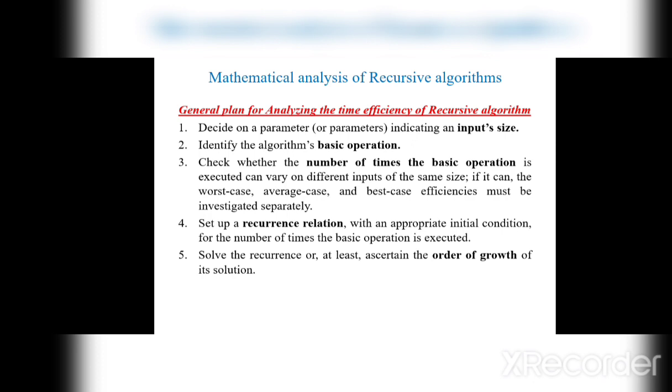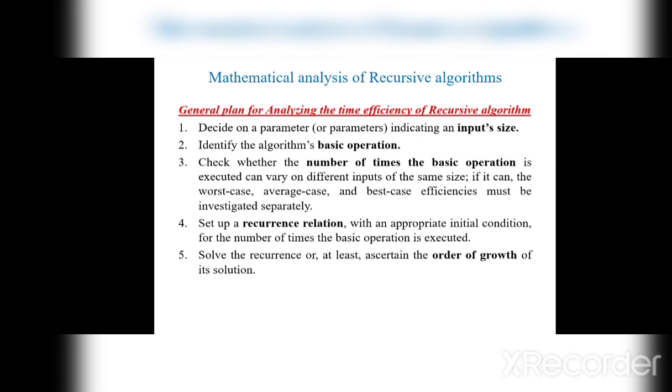If it can, the worst case, average case and best case efficiencies must be investigated separately. The fourth step is to set up a recurrence relation with an appropriate initial condition for the number of times the basic operation is executed. In step 5, we have to solve the recurrence relation, or at least ascertain the order of growth of its solution.